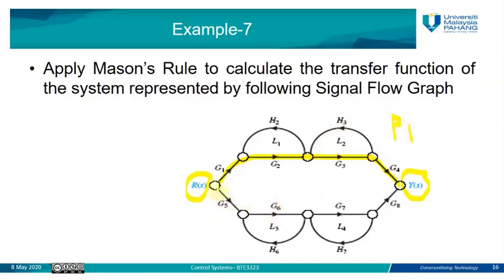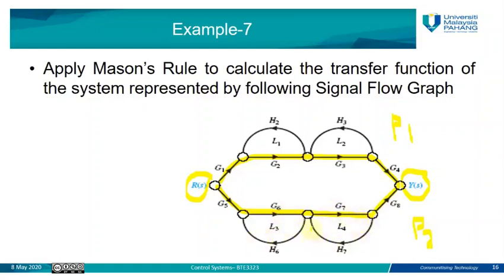Then the second path, which starts from the input point and ends at the output point, starts from R(s), goes through G5, G6, G7, G8, and to the output. So this will be forward path number 2. We only have two forward paths, because the other path is backward.